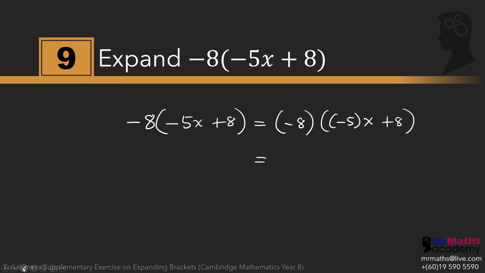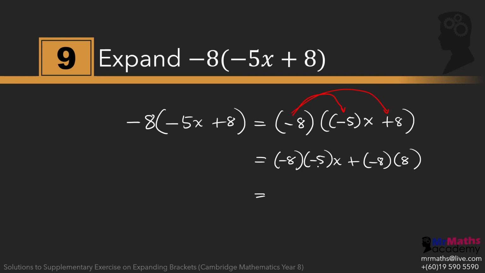And now we're going to multiply the term outside the bracket by each term inside the bracket. So that will result in minus 8 multiplied by minus 5x plus minus 8 times 8.